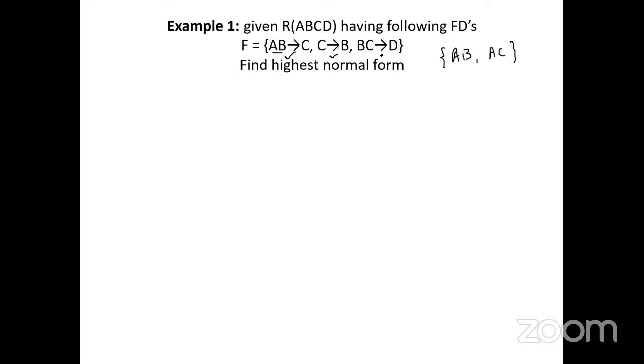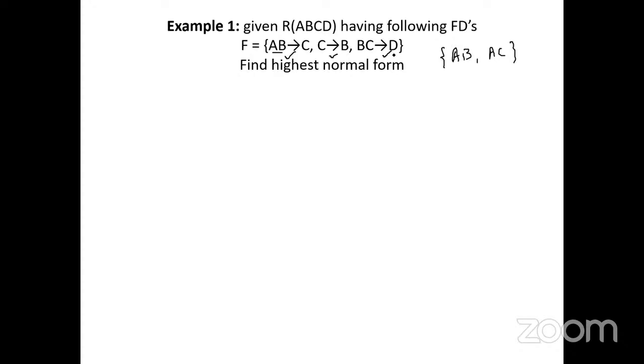What about this third one? What kind of formation is it? Prime attribute determining non-prime. Is BC a non-prime? No, sir, BC is prime. D is non-prime, so non-prime depends on prime. B and C are individually prime attributes.